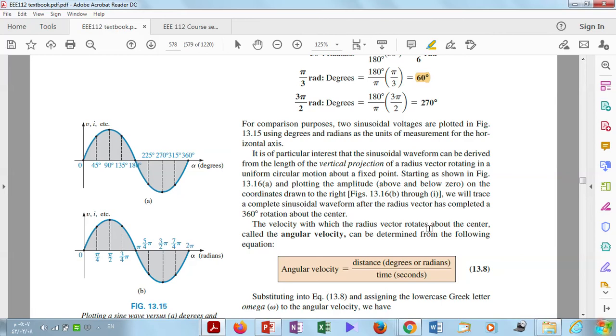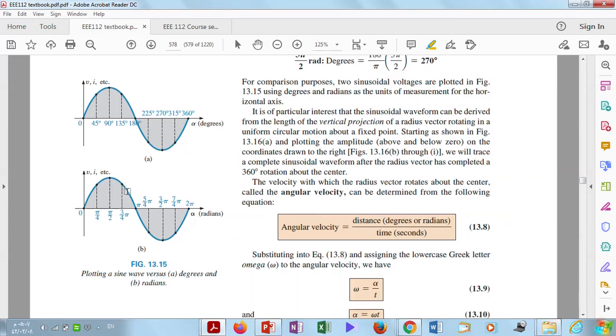We have another terminology which is called angular velocity. You can see here this sinusoidal waveform, one in degrees, one in radians. If we say degrees, it will be 0, 10, 20, 45, 90, until we reach 360.